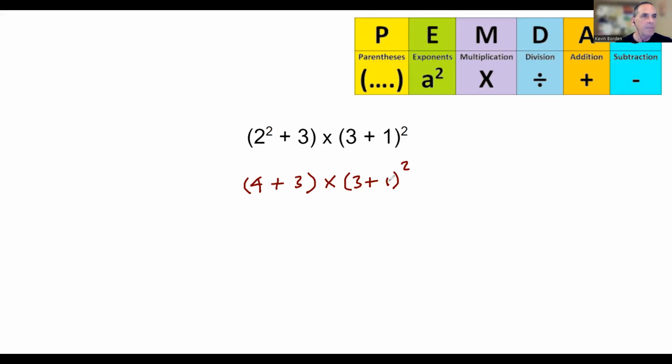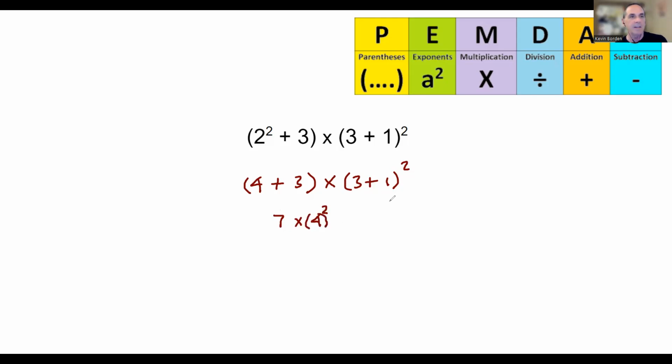Now let's simplify both parentheses at the second time. You might be looking at this exponent, but we can't do that exponent until we've simplified inside that parenthesis. 4 plus 3 is 7. And then that's going to be multiplied by 3 plus 1, which is 4, to the second power. We could leave that parenthesis on there.